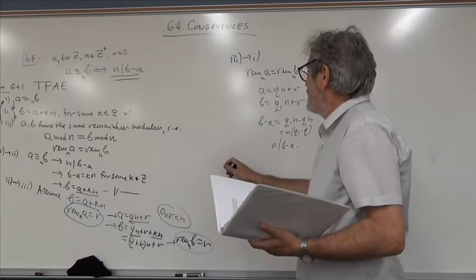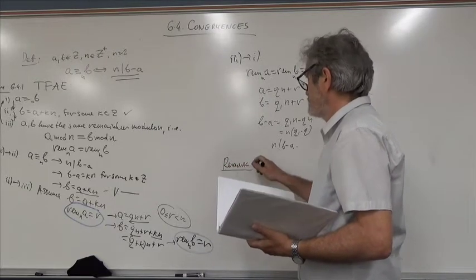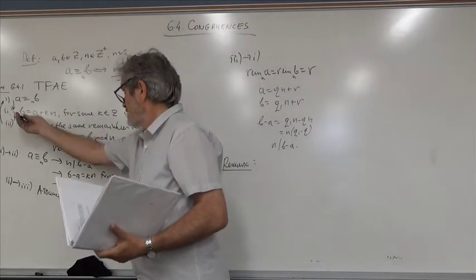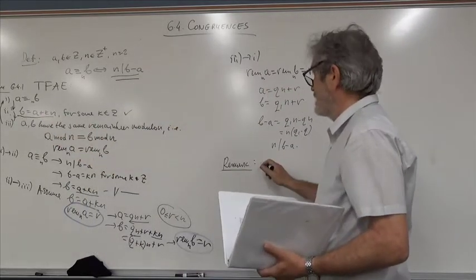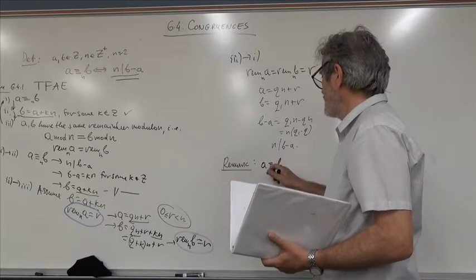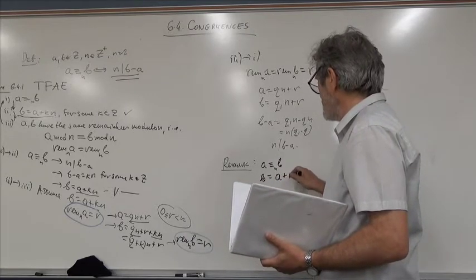By the way, a remark. Because of this, that everybody saw, if A is congruent with B modulo n, then B looks like A plus Kn.